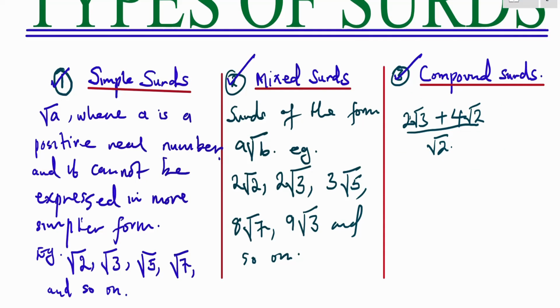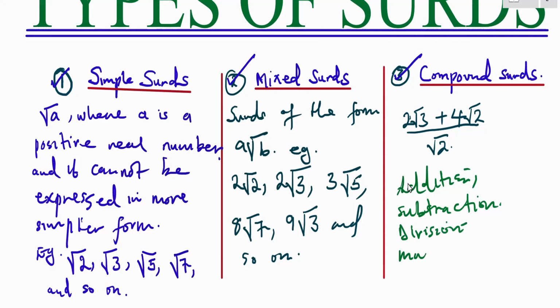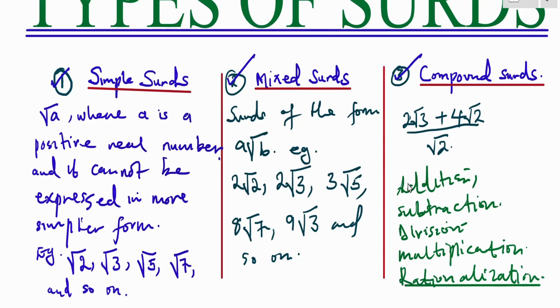In here we work upon the compound surds by performing mathematical operations on it, which include addition, subtraction, division, and multiplication. It depends on which kind of compound surd has been given, and it may also involve rationalization of surds. We shall talk of rationalization and get to know the meaning of it in the coming tutorials.